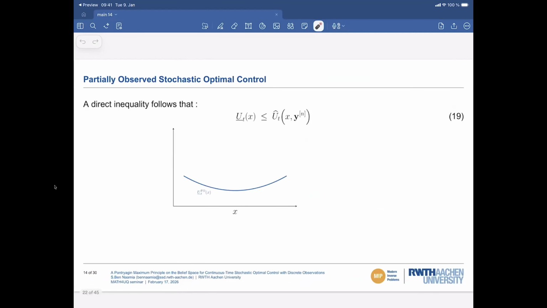So what would happen is that the optimal cost to go from the fully observed is definitely better than the randomized one, using the optimal control that was derived from the partially observed case. And what you have here is, for a particular fixed y_n, that this is always greater or equal than underline u for the fully observed one.